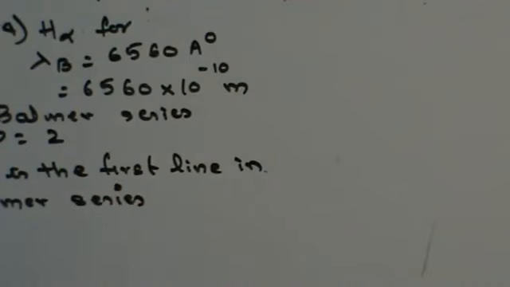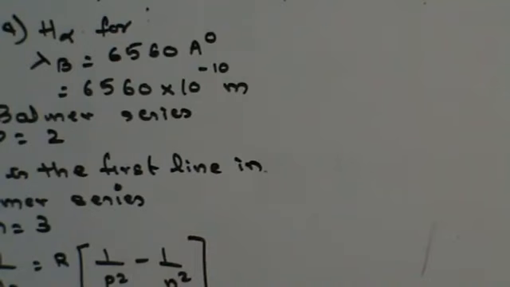If it is the first line in Balmer series, in that case n has to be 3, right? Then I can use the formula 1 upon lambda b is R times 1 upon p square minus 1 upon n square. Lambda b I know, p square I know, n square also I know. So I should be able to get the answer.